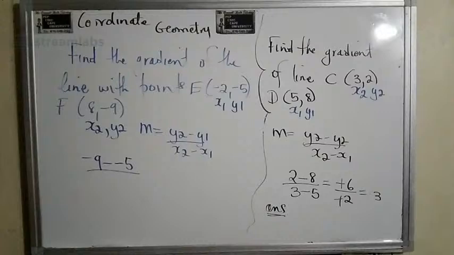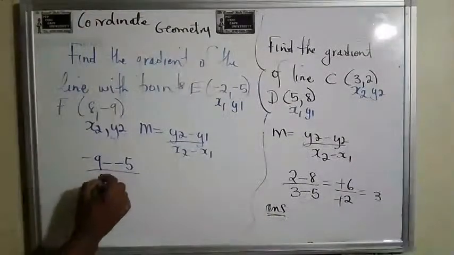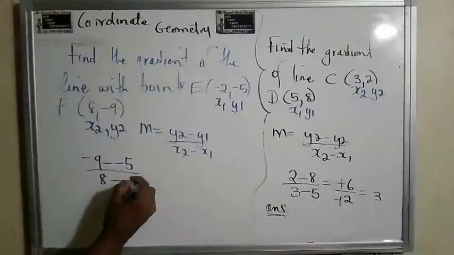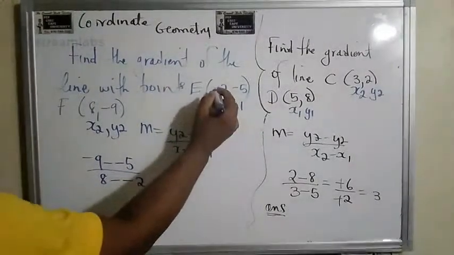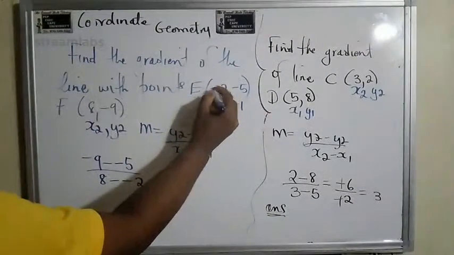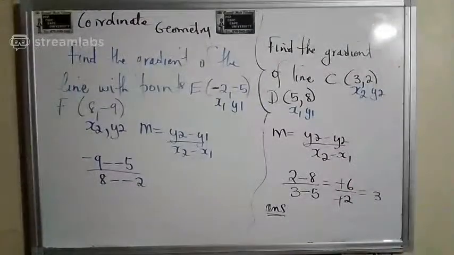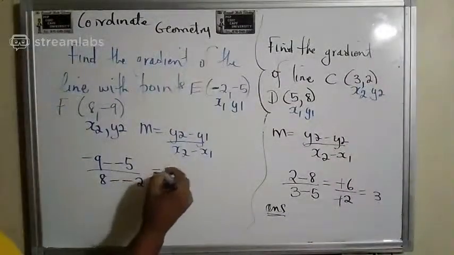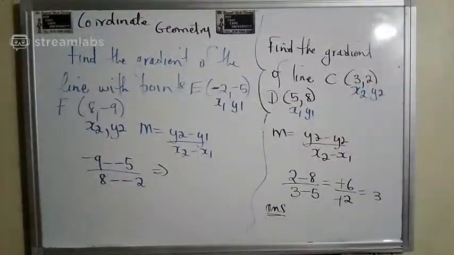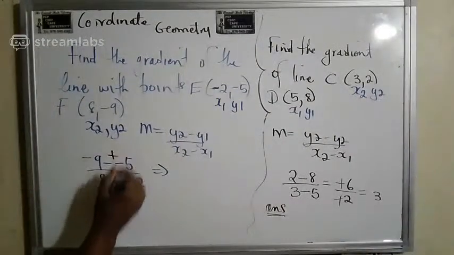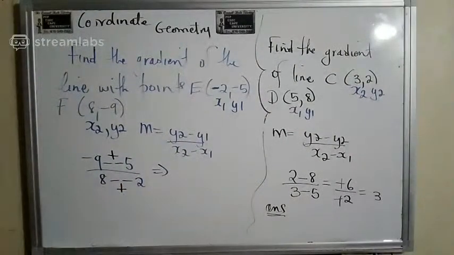I have a video on that especially. Alright, so now it's x2 which is 8 minus negative 2 now. See it? So I'm going to put emphasis on it. So now two negatives is going to give us a positive. When you multiply, it's a positive. So this is going to become a plus. This is going to become a plus.